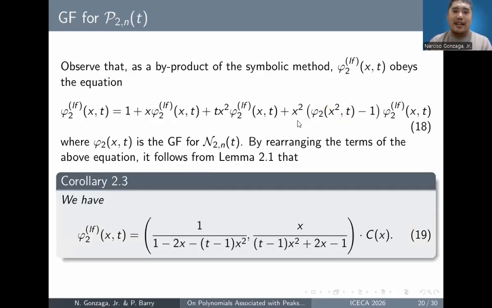So by rearranging and then simplifying, we prove that our candidate generating function is an action of a Riordan array to the Catalan generating function.